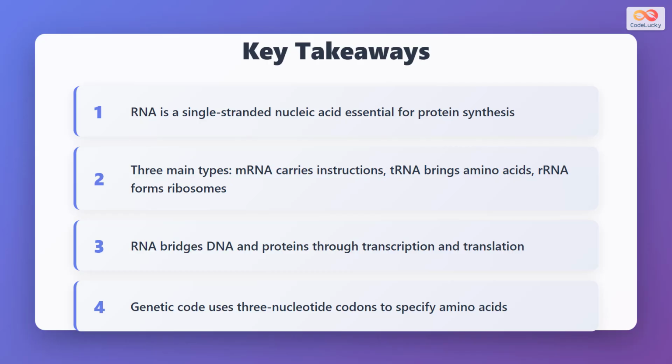Third, RNA serves as the critical bridge between DNA and proteins through the processes of transcription and translation. Finally, the genetic code uses 3 nucleotide codons to specify which amino acids should be added during protein synthesis. Understanding RNA is fundamental to understanding how cells function and how genetic information becomes the proteins that sustain life.